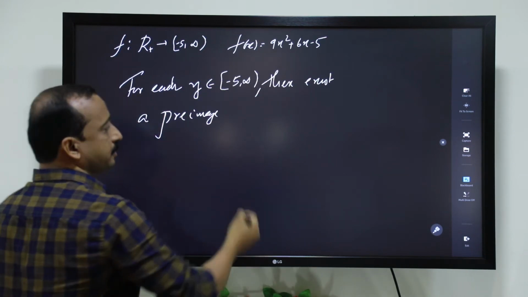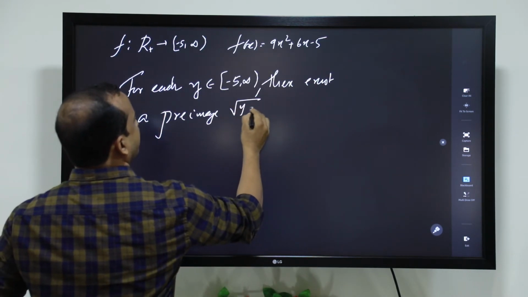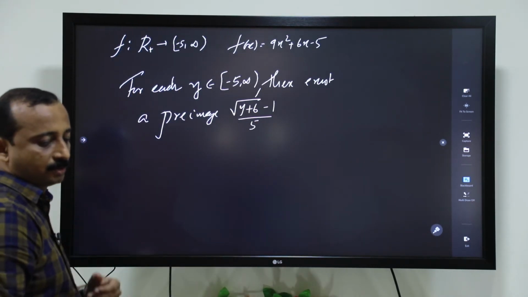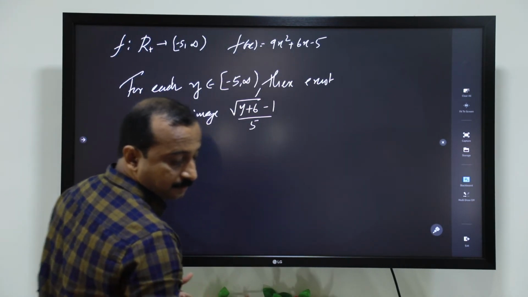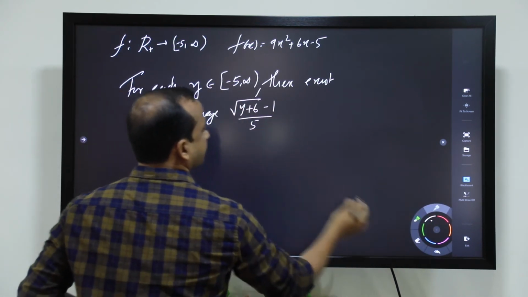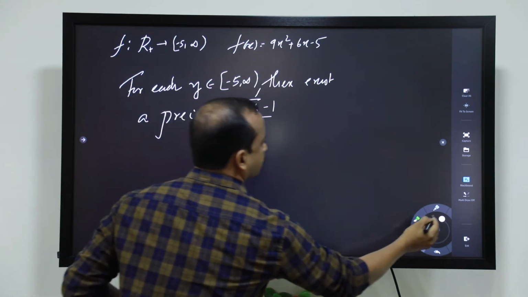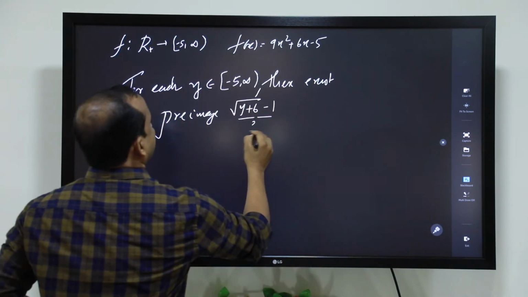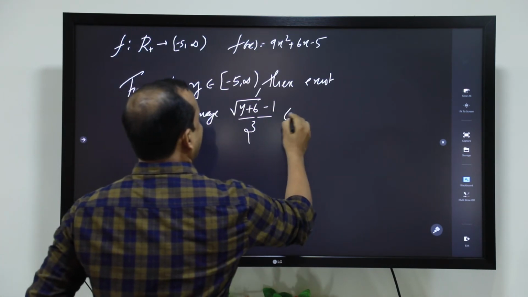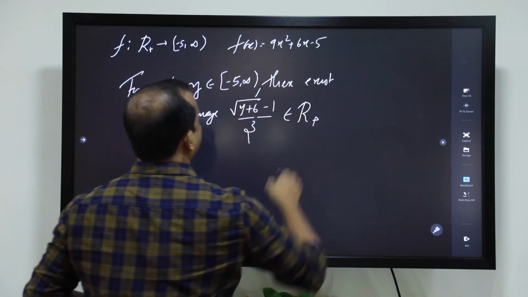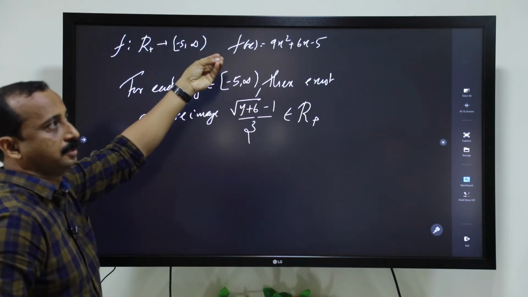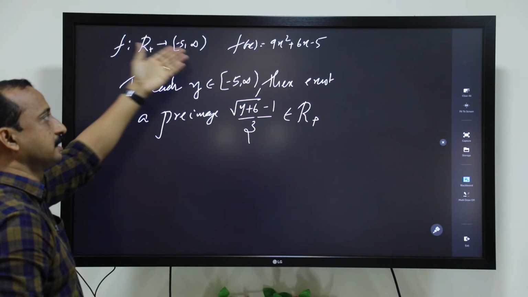We get the answer root of y plus 6 minus 1 divided by 3. There exists a pre-image root of y plus 6 minus 1 by 3, element of the first set R plus. For the second set, minus 5 to infinity, there is an element pre-image. Y is an element with a corresponding pre-image.